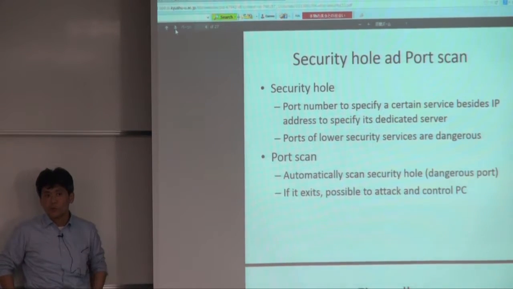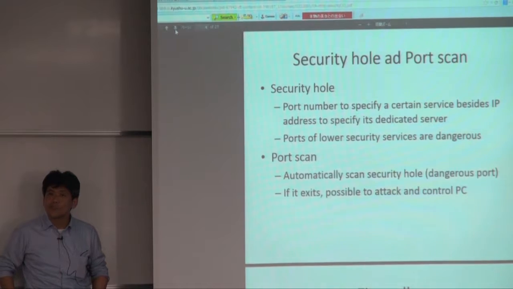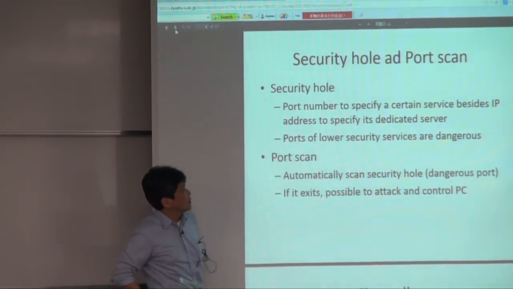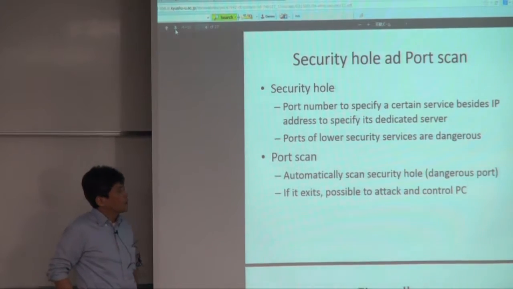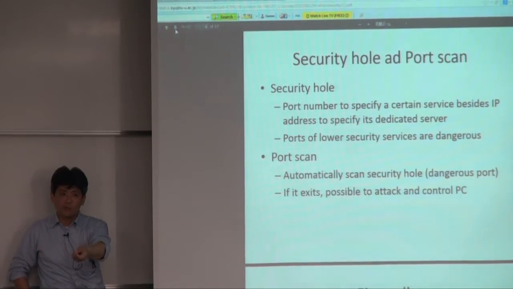For example, when you access web pages, you have to use the HTTP protocol. To communicate using such protocols, you have to use dedicated port numbers, for example, 8080 or 8000. Okay? So if such a service has lower security, of course, you can access such a server by specifying the dedicated port number.